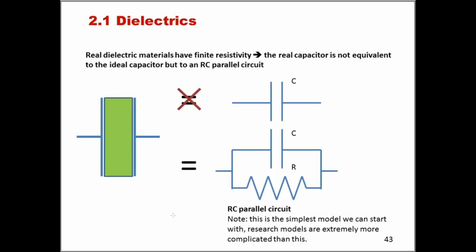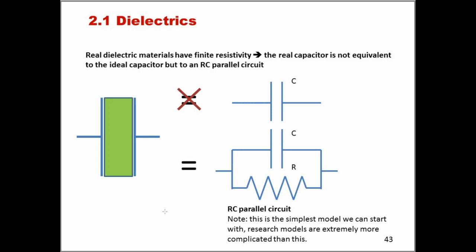Okay, so up until now we have considered our dielectric material as an ideal material. This means that we've always been assuming until now that this material has an infinite resistivity. In reality, real dielectric materials have a finite resistivity.